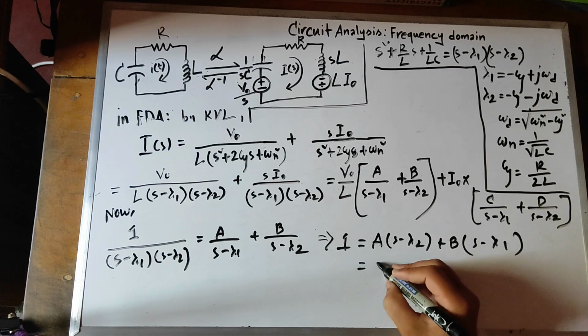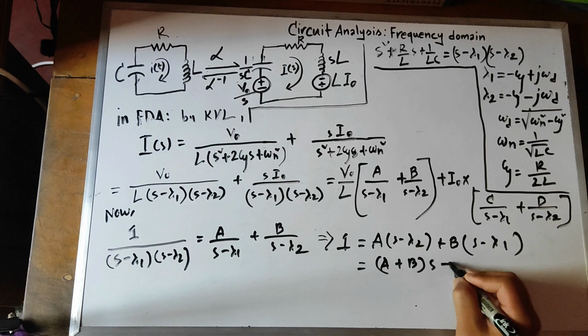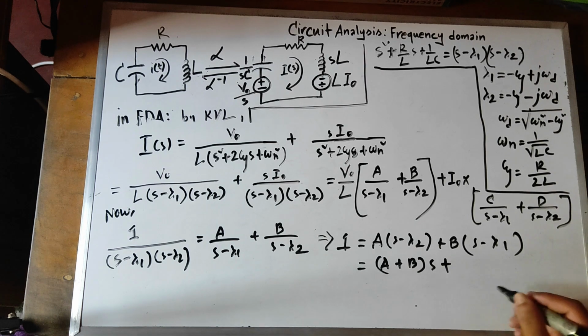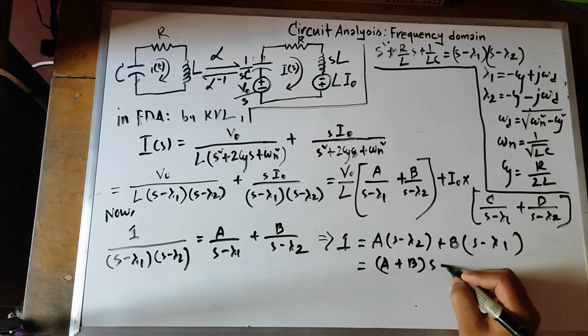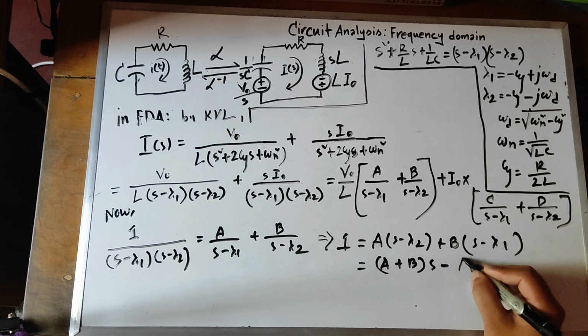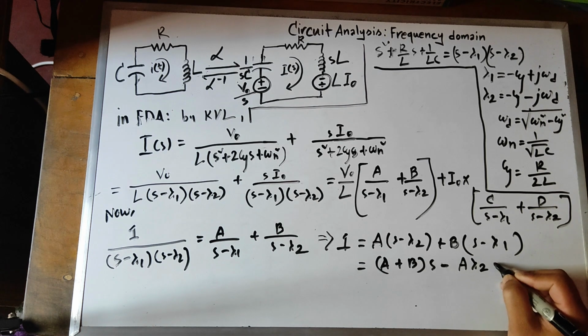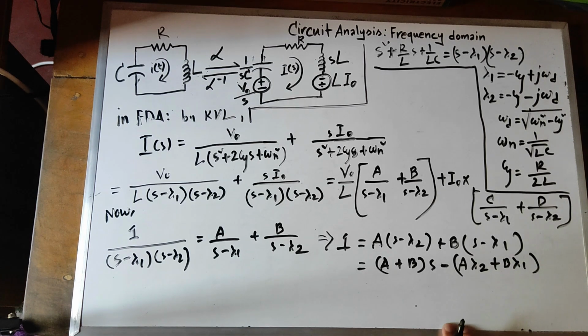If we rearrange this, it will give us (A plus B) s plus (minus A lambda 2 plus B lambda 1). Now we are going to equate the coefficients of s and the constant.